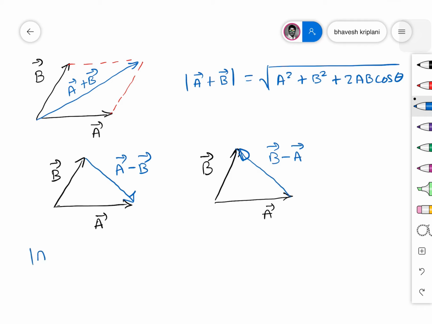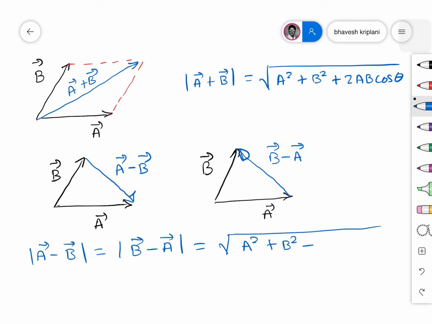Then modulus of a vector minus b vector is equal to modulus of b vector minus a vector is equal to under root of a square plus b square minus 2ab cos theta, where theta is the angle between vectors a and b.